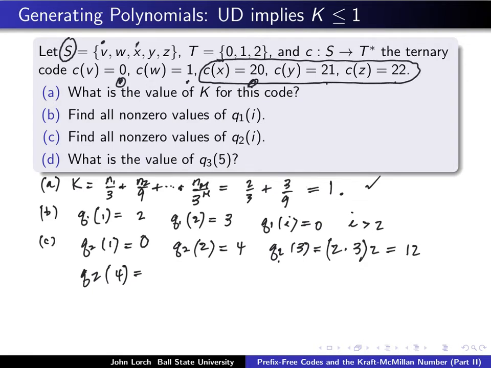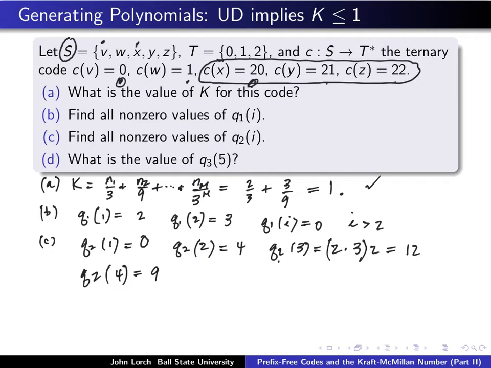Okay, so X, Y, and Z. I need a message of length 2 from those 3 letters. How many ways are there to do that? Well, there's 3 ways I can choose the first letter and 3 ways I can choose the second letter. So that gives 9 total ways to create a message of length 4 from an original message of length 2.